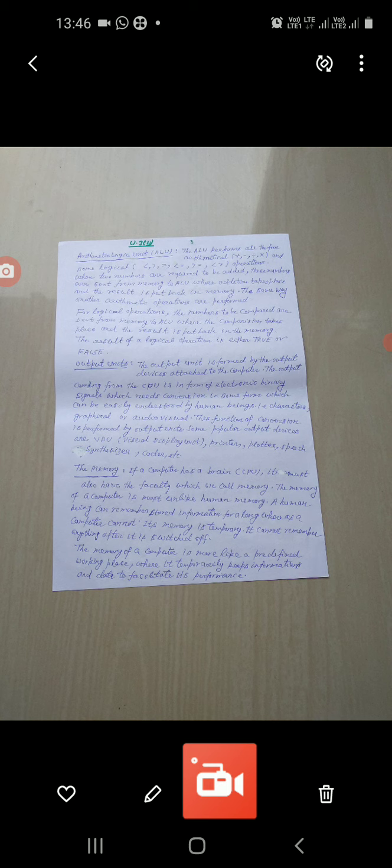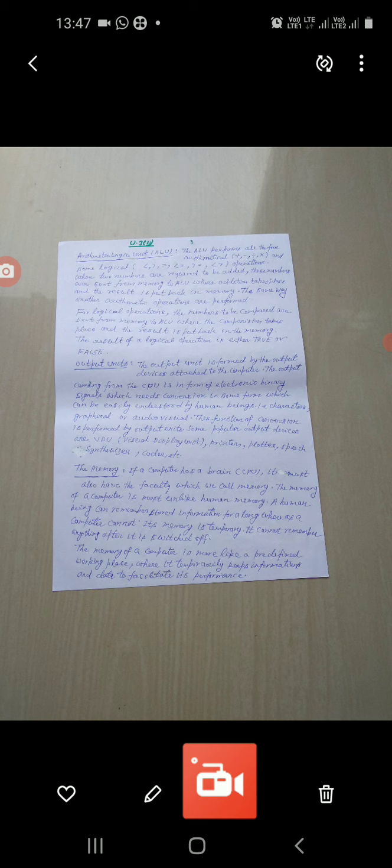Important note: the output coming from the CPU is in the form of electronic binary signals, which need conversion into some form which can be easily understood by human beings, that means characters, graphics, or audio visual.